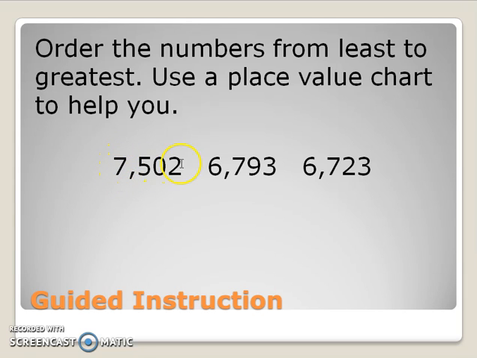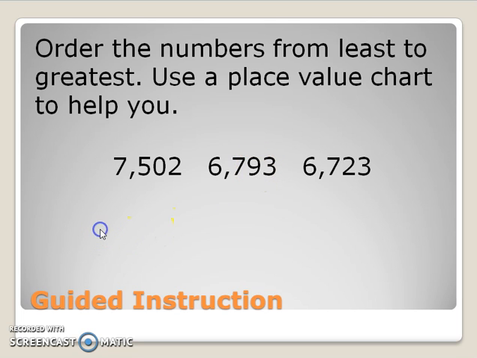If we look at the 7, the 6, and the 6 that are in the thousands place value, we see that 6 is the least, which is going to be one of these numbers that's going to go first, but we really can't compare in the thousands because they're equal. So we're going to have to move over to the hundreds, and in this one we have a 7 and a 7. So we know that we can't compare there, so we're going to have to move to the tens place value. So we have a 9 and a 2, and we know that 2 is less than 9.